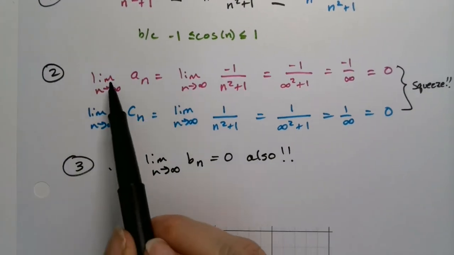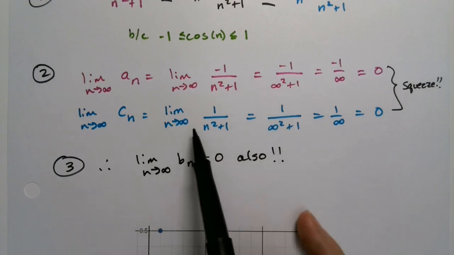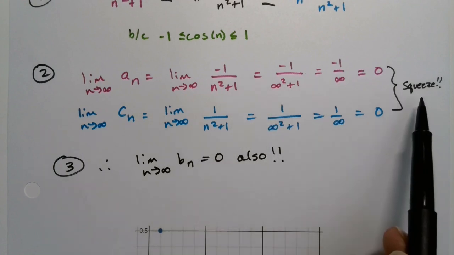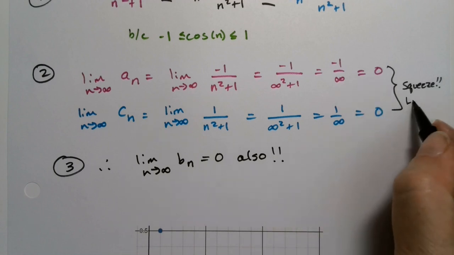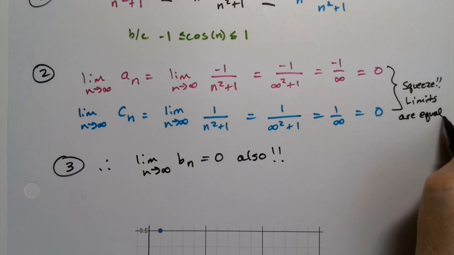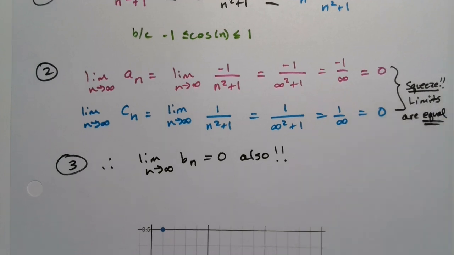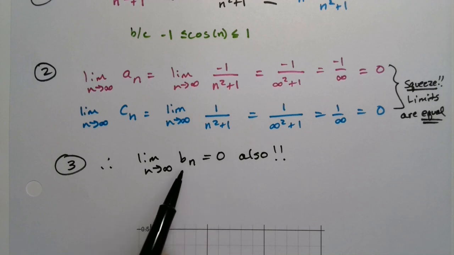And then I need to prove that those two, the lower, which is here, and the upper, which is right here, squeeze together. They equal the same value, right? So the limits are the same. I should have written that. That's the squeezing part.